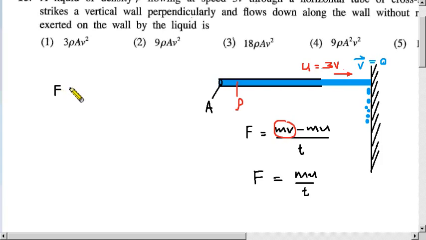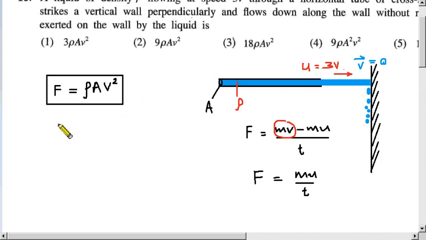The final equation, for these types of questions where final velocity goes to 0 and perpendicular to the wall, is rho a v squared. If you remember this, you can easily solve this problem.